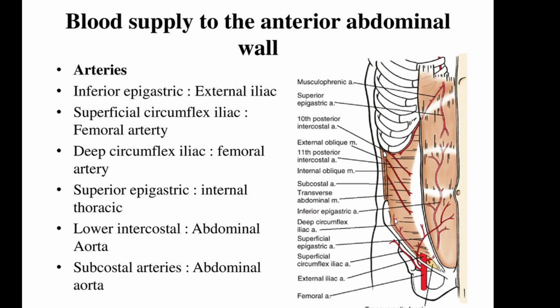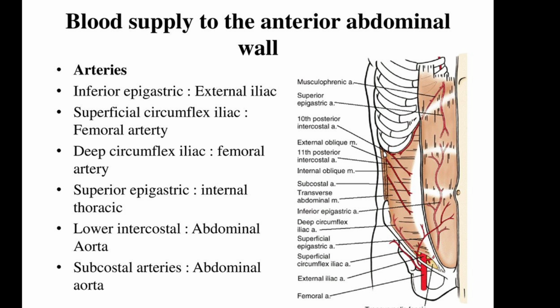These are the superficial branches of the femoral artery that arise from the femoral triangle, and they go to the abdominal wall in the structure of the subcutaneous tissue. The first artery, I mean the superficial epigastric artery, goes towards the umbilicus, and the second one, I mean the superficial circumflex iliac artery, goes towards the iliac spine.